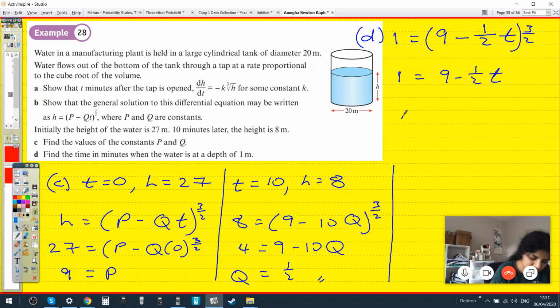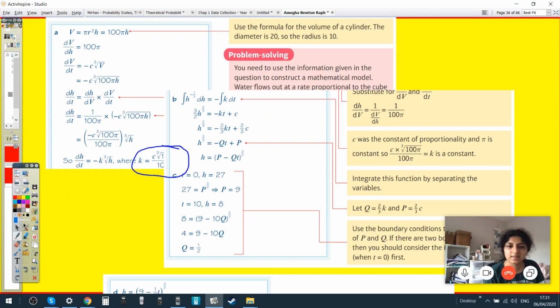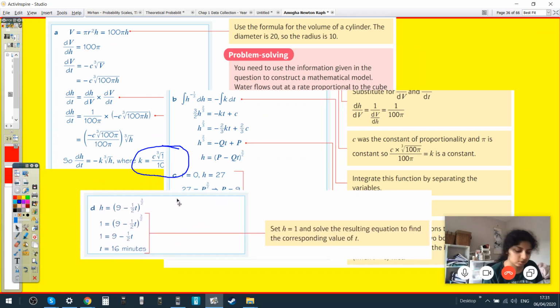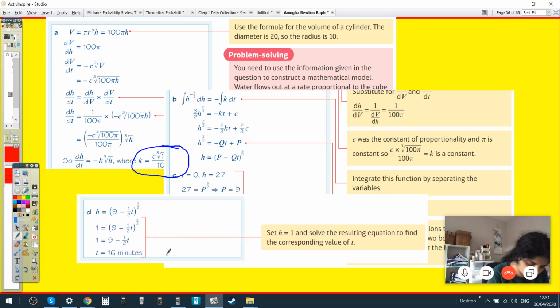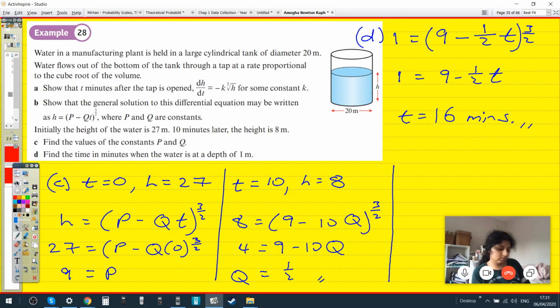I got T is equal to 16. Looks good to me. I think it's in hours. But, I mean, no, it's not. It was in minutes in the beginning. There you go. T is equal to 16 minutes. Okay, so they threw us at the start with their malarkey, but it wasn't too bad in the end. It was fine. Any questions there?